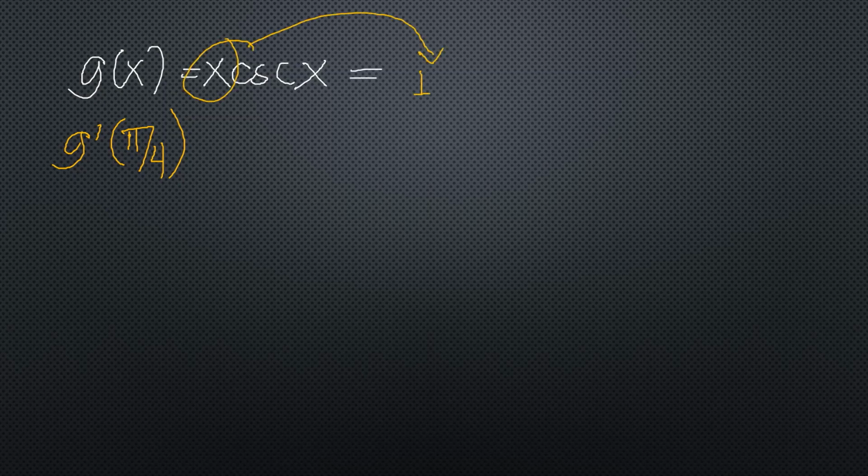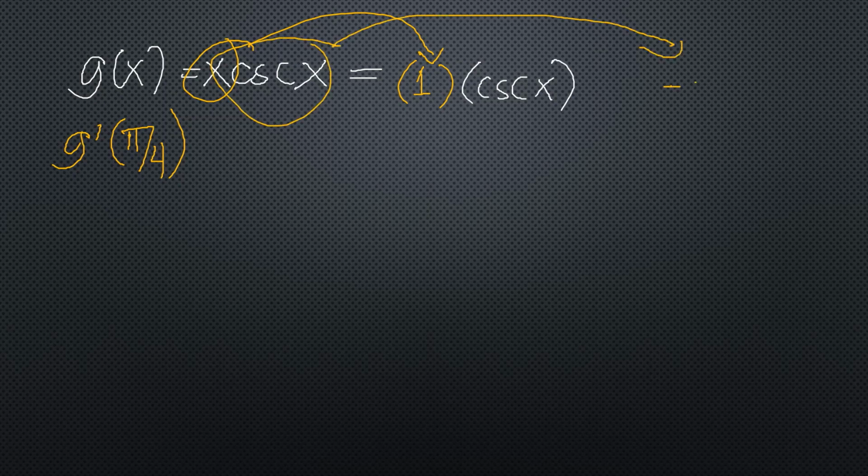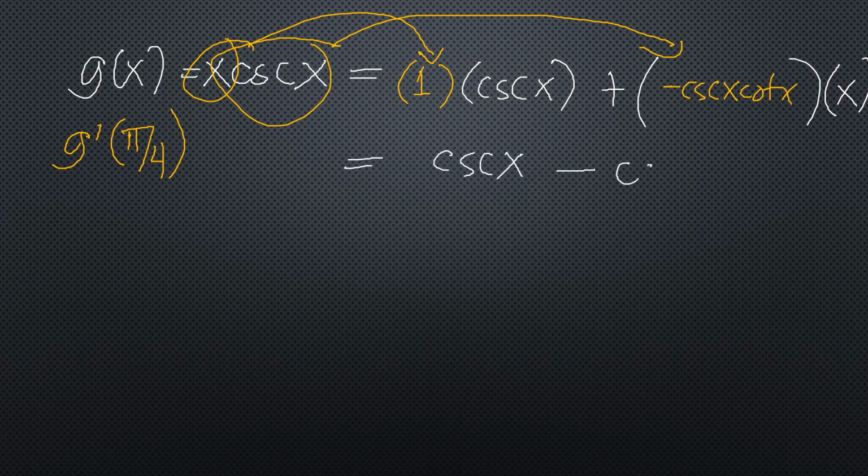The derivative of x is simply 1, and then you multiply that to the second factor, cosecant x. Now get the derivative of the second factor cosecant x, and that is negative cosecant x cotangent x. The operation here is addition. Then multiply that to the first factor x. So we now have cosecant x minus x cosecant x cotangent x.